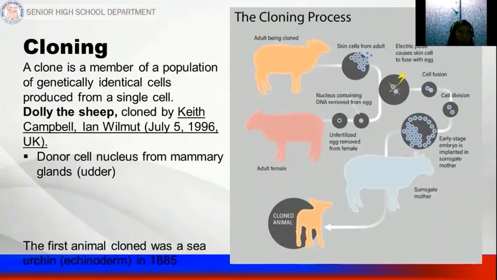So the first animal cloned was the sea urchin. They first test these processes on the animals that are available. If you remember, the first ones they study are always small animals such as rats, because they are available.